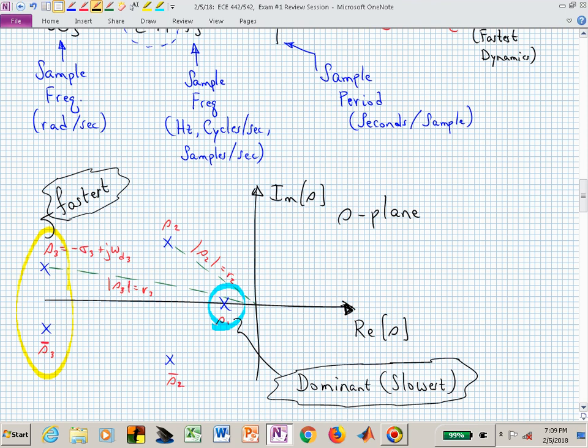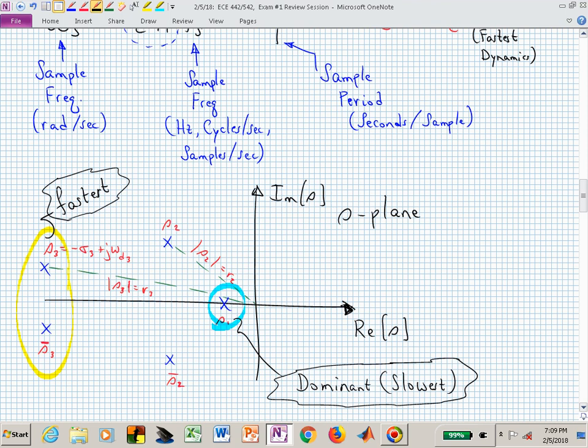And if you have one that's above the real axis, you need its twin or its conjugate below the axis. If we have real coefficients in this transfer function, our poles and zeros, for that matter, appear in conjugate pairs.